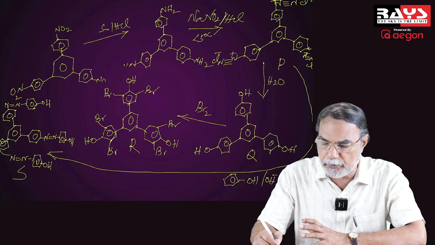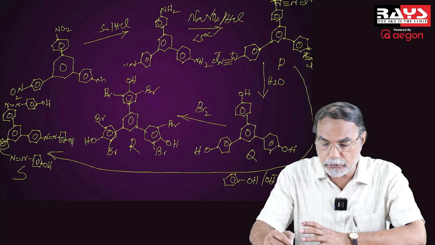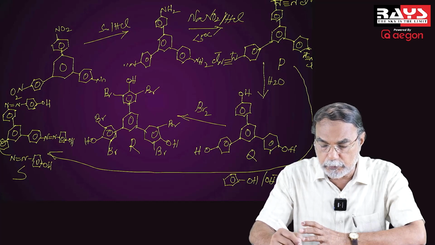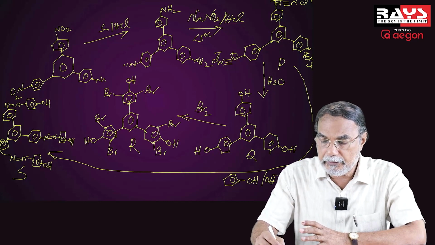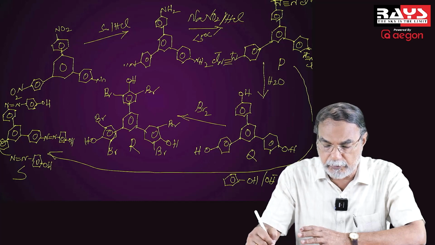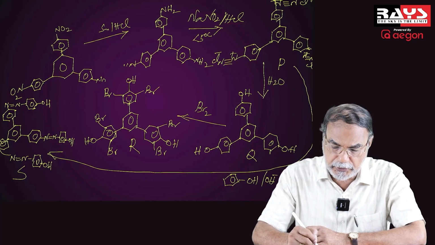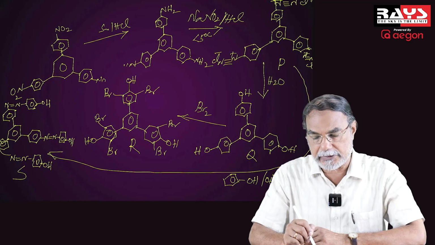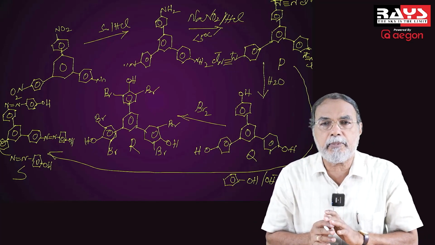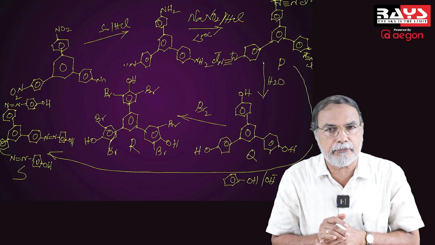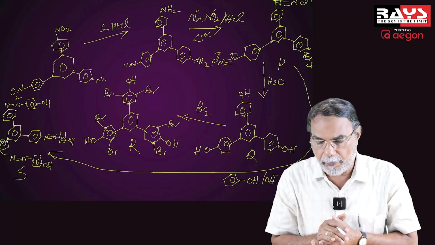Here the diazonium compound is decomposed to phenol, so you have the compound Q. On reaction with bromine, bromination occurs at the ortho positions of all the 3 phenol rings to give the compound R, and reaction of the diazonium chloride with the phenol in alkaline medium, azo dye formation at all the 3 positions, gives the compound S. So this is the chemistry that is given in the paragraph of the question.